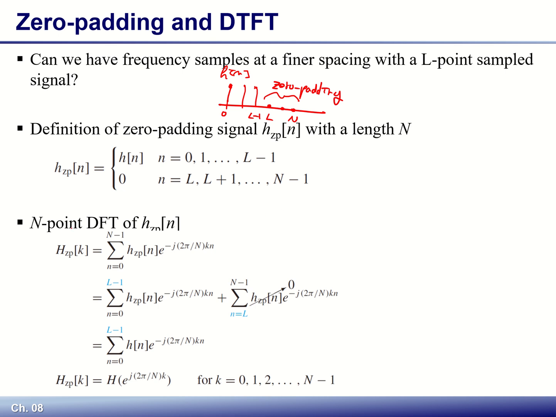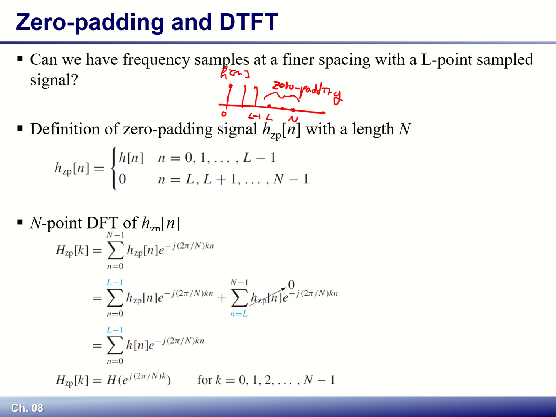Then what can you do in the DFT? We can put in the definition: sum over n from 0 to N minus 1 of h_zp[n] exponential minus j 2 pi over N kn. Since from L to N minus 1 it is 0, when you divide the two regions, the second one from L to N minus 1 will be 0 because h_zp[n] is 0.